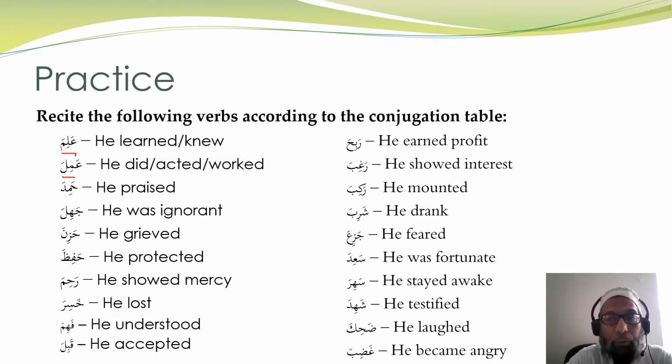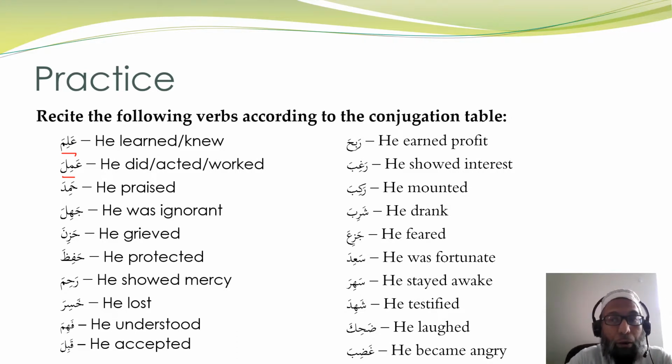Liman, the one who. Hamidahu, hamida, the one who praised him. So we just translated a whole sentence, something that we recite every day. Sami'a Allahu liman hamida: Allah heard the one who praised him.